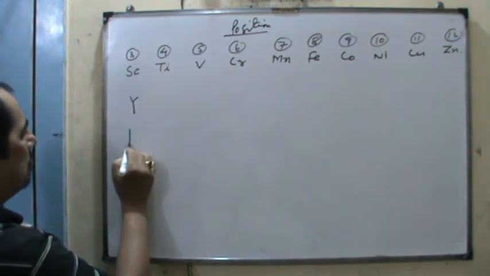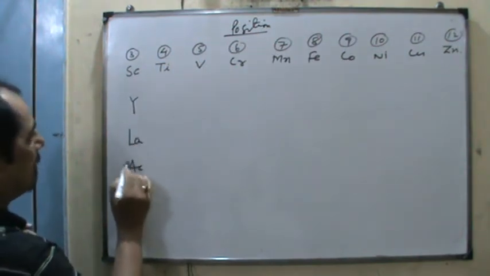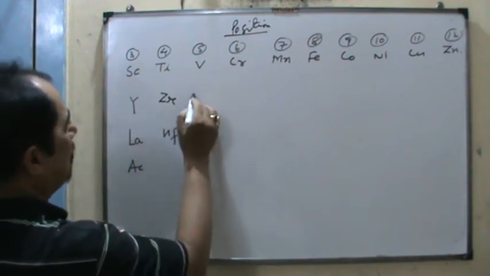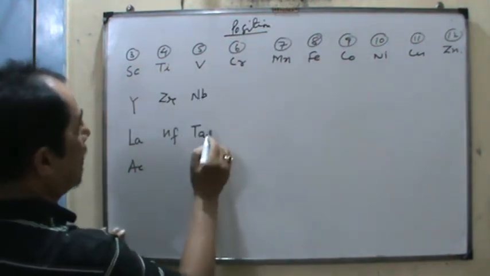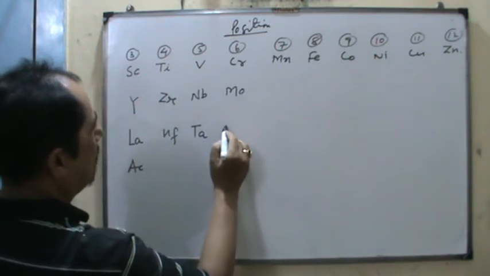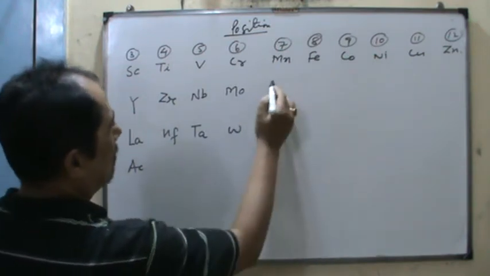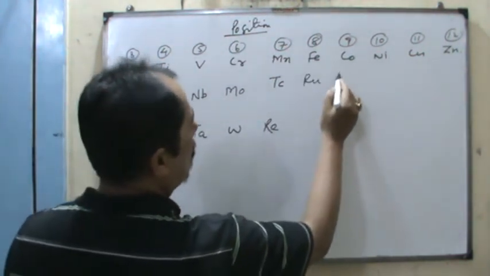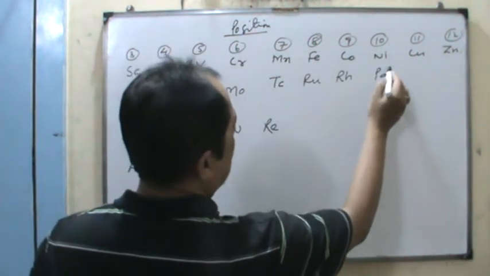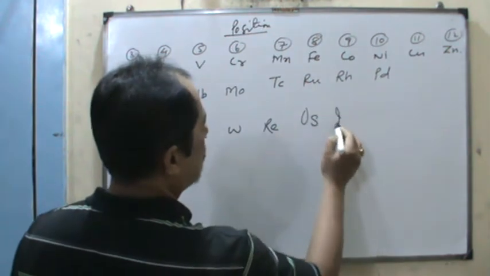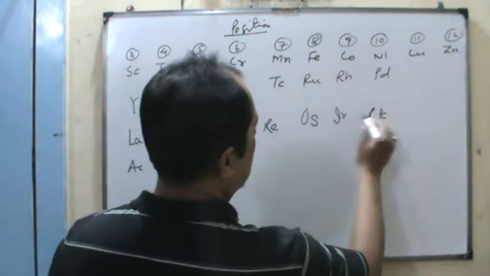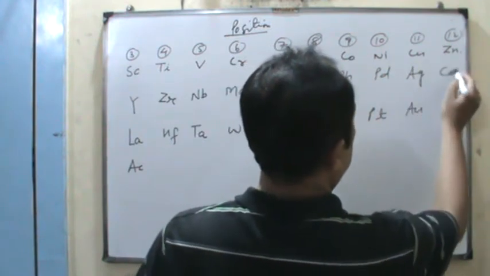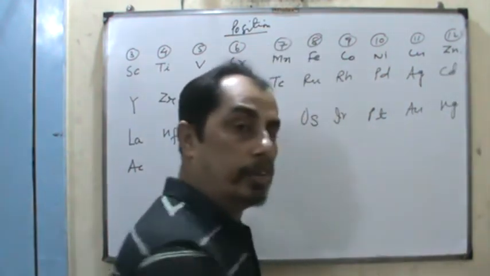Then scandium, yttrium, lanthanum and actinium, zirconium and hafnium, niobium and tantalum, molybdenum and tungsten, Tc and Re, Ru, Rh, palladium, osmium, iridium and platinum, copper, Ag and Au, zinc, cadmium and mercury.